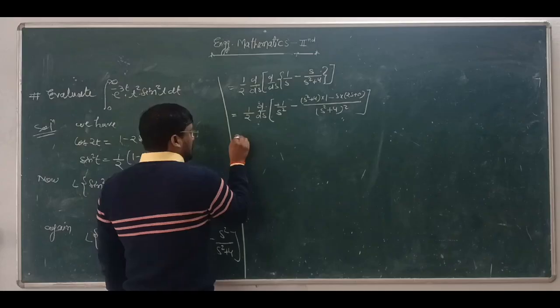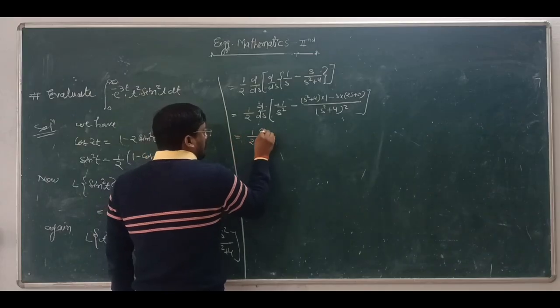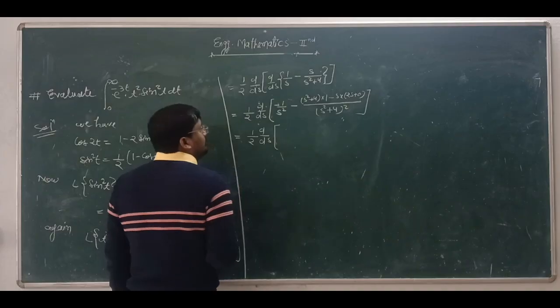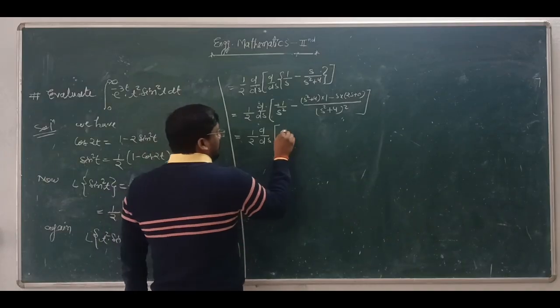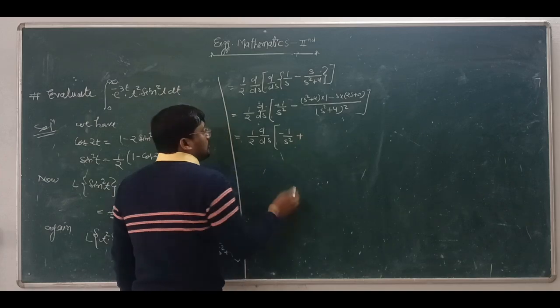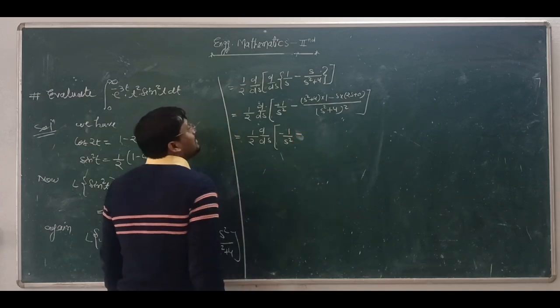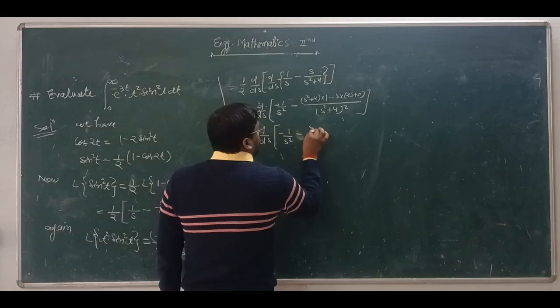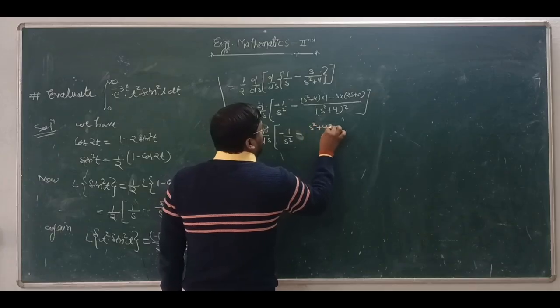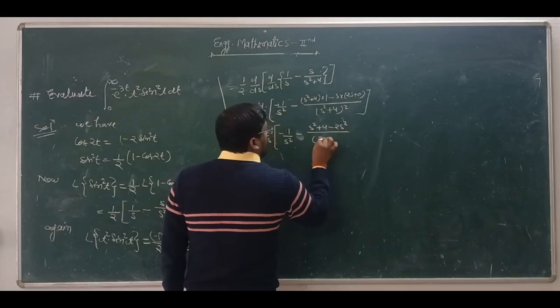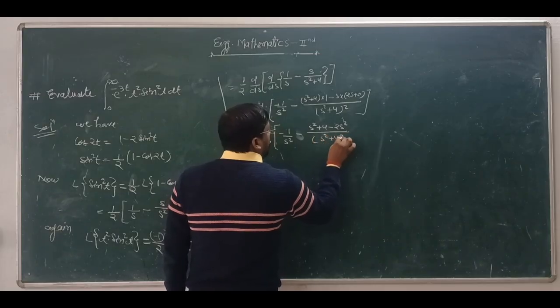Now you solve this: 1 by 2 d by ds of minus 1 by s square minus (s square plus 4 minus 2s square) upon (s square plus 4) to the power 2.